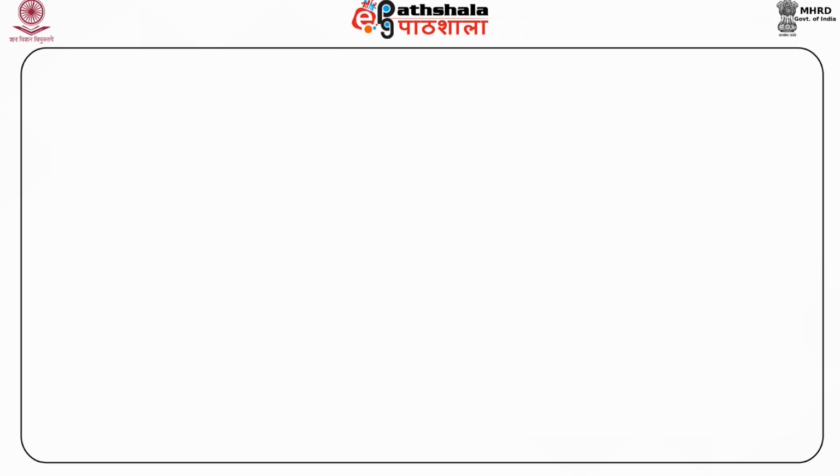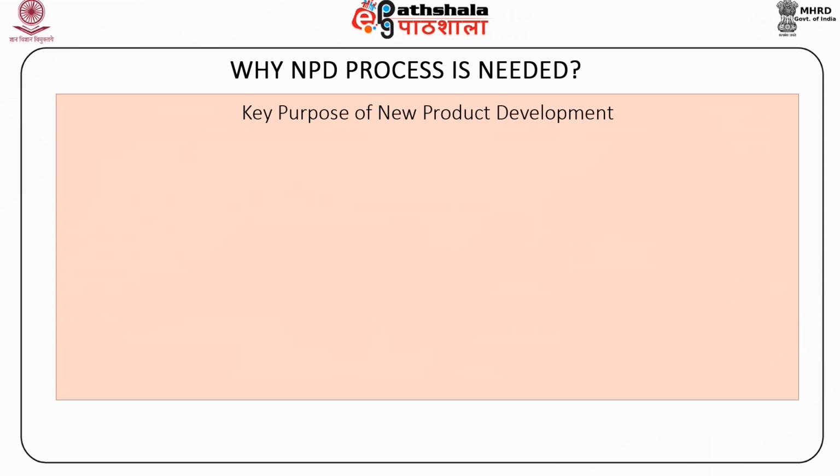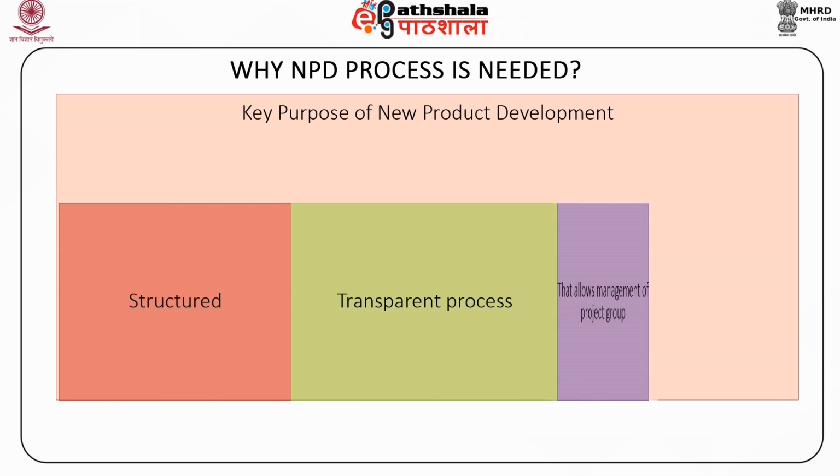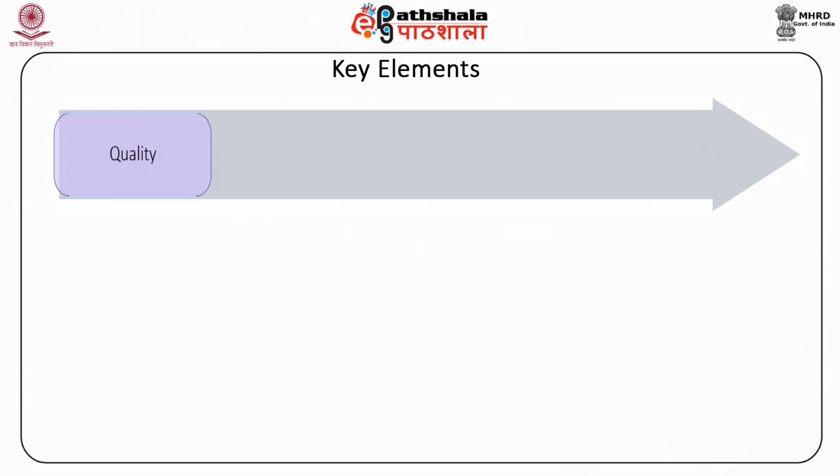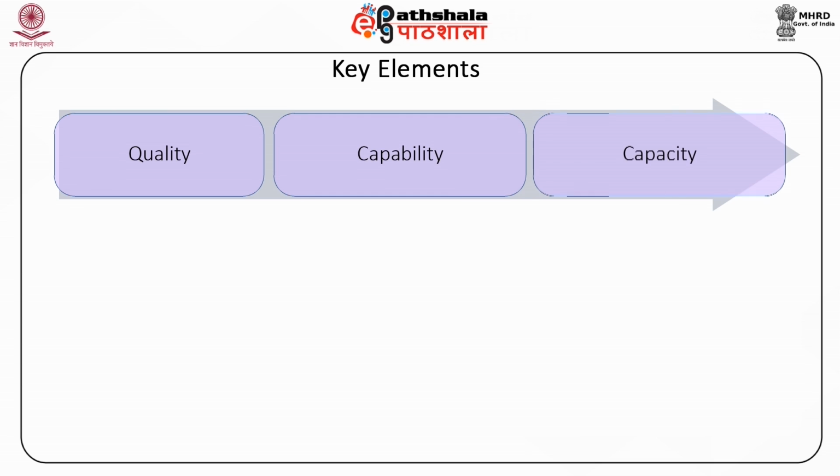Before we move on to the steps of the new product development process, let us understand why well-formulated processes are needed. The key purpose of the new product development pipeline is to create a structured, transparent process that allows management of the project group. And the key elements include quality, capability, and capacity.